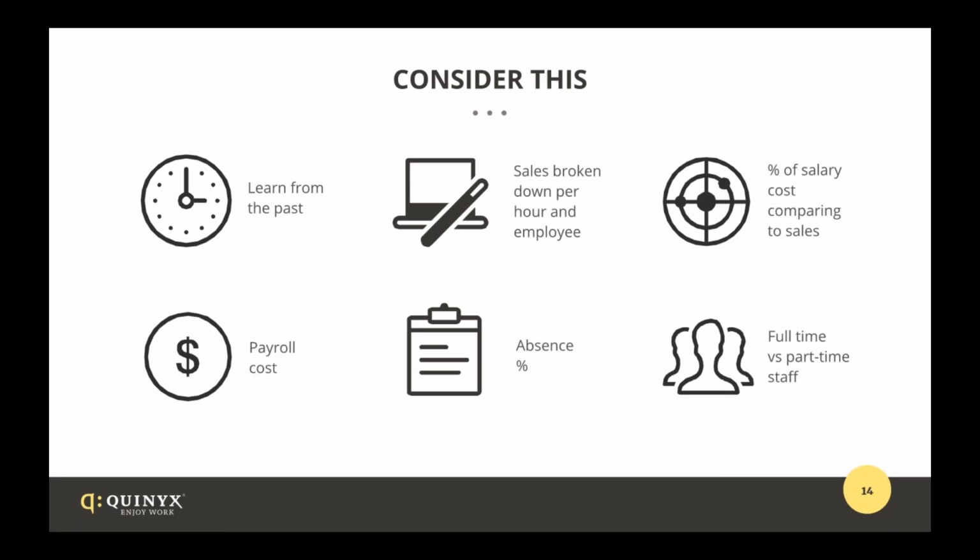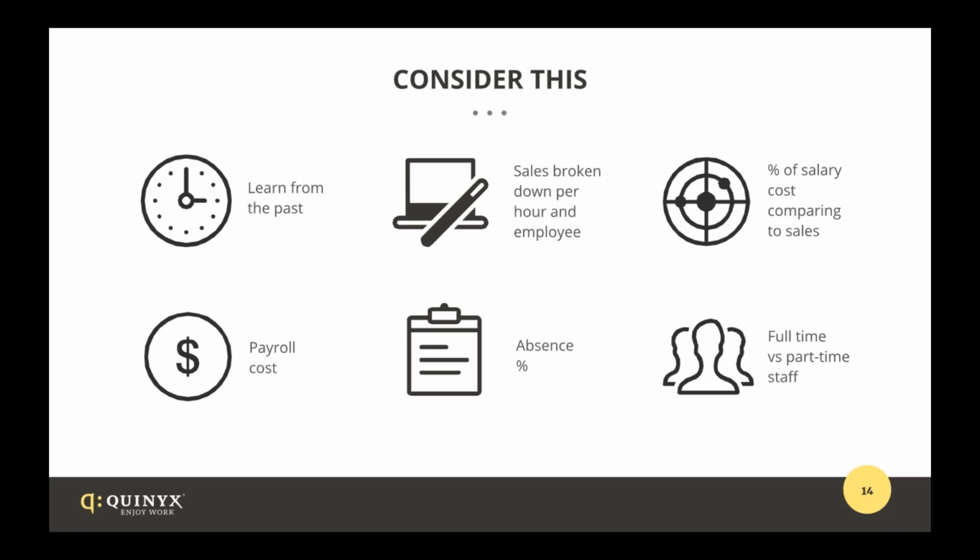So let's say we're a store, a retail company, and we want to forecast based on sales. The best way of doing that is to learn from the past. So what was the actual sales last year for the same period? What are the current trends in our sales?